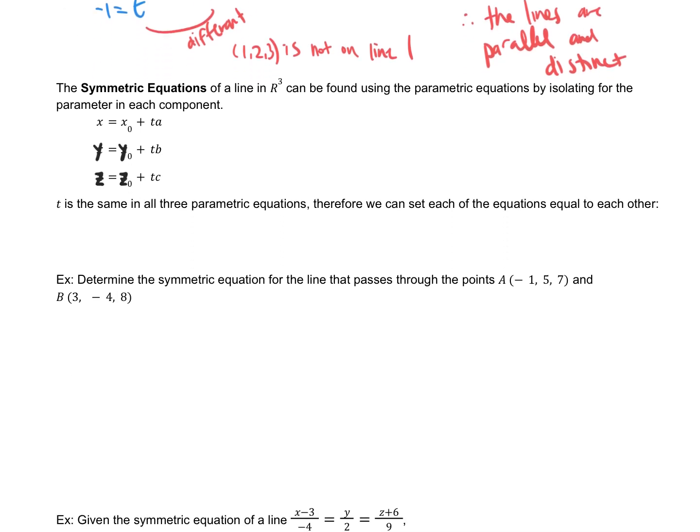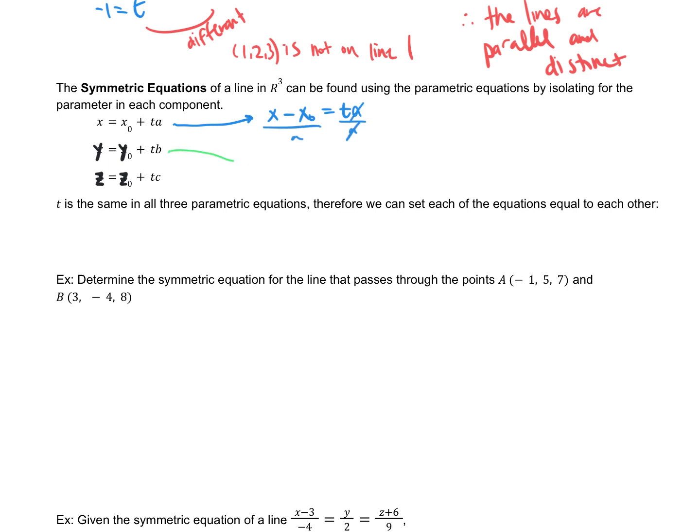All right, the final equation we have for R3 is the symmetric equation, and this one actually comes from the parametric equations, but we isolate for the parameter in each one and then set those equations equal to each other. So I have the parametric equations laid out here, and I'm going to isolate for t in each one in this generic form. So I'm going to bring the x naught over and divide by a, because I'm trying to isolate for t.